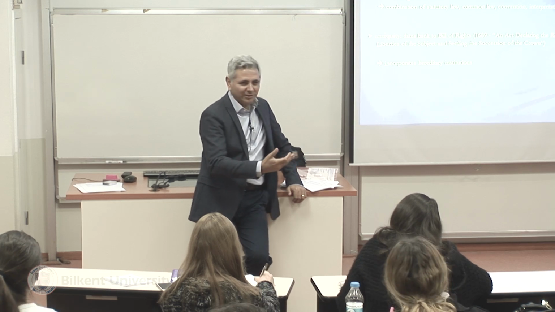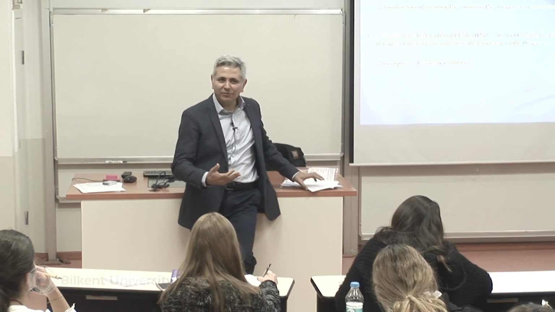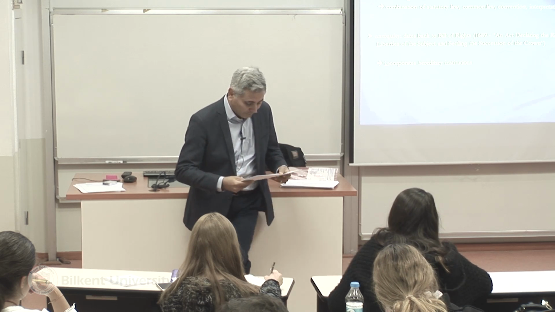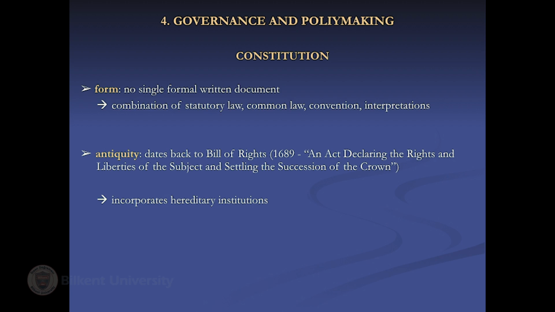But we have a combination of all kinds of texts, different types of texts: written statutory law, case-based common law, convention, authoritative interpretations, past interpretations of legislation, and also habit, customary law.